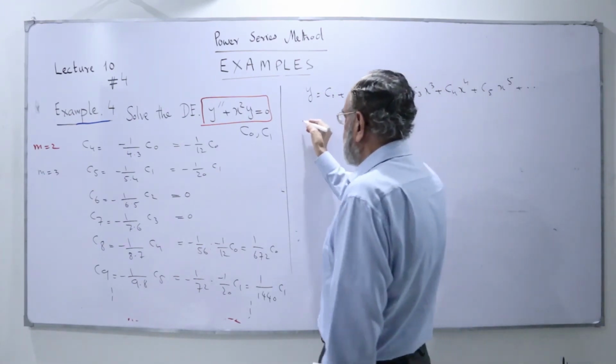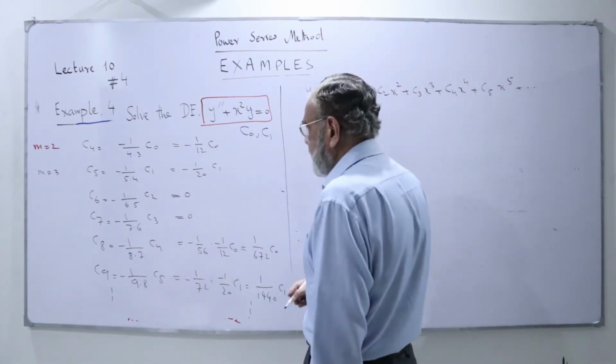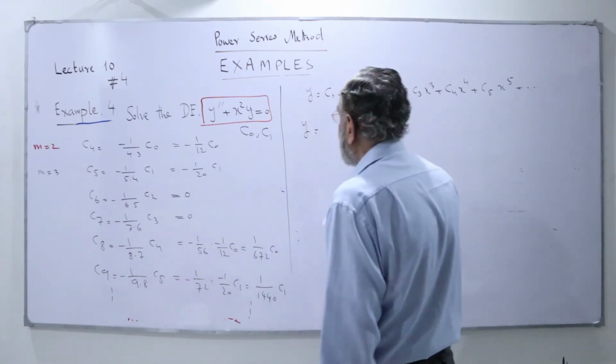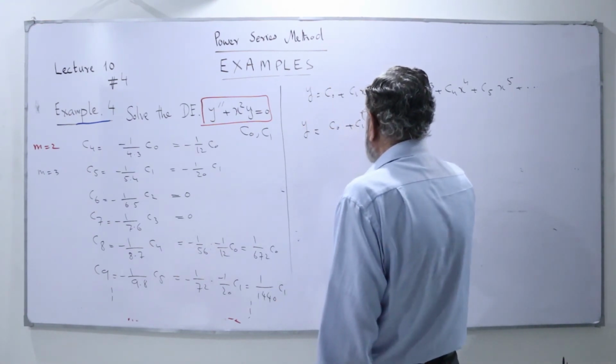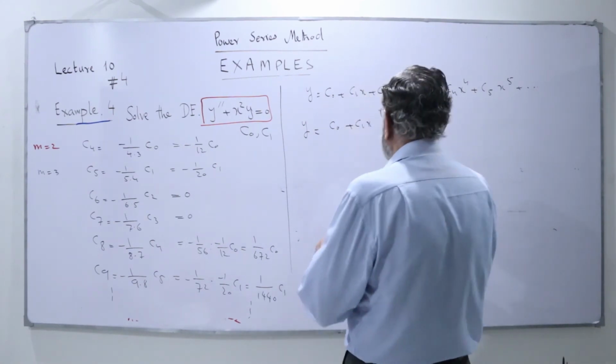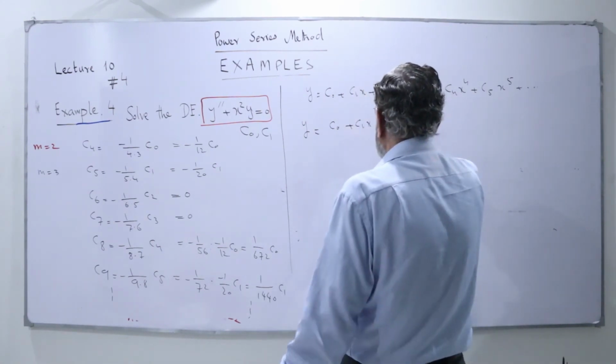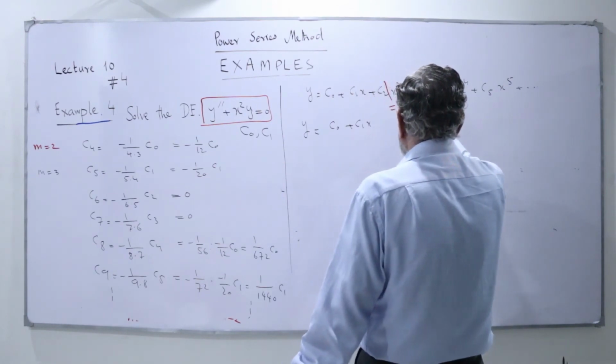The values which are 0 are C2 and C3. So we get C0 plus C1x, and C2 is 0 and C3 is 0.